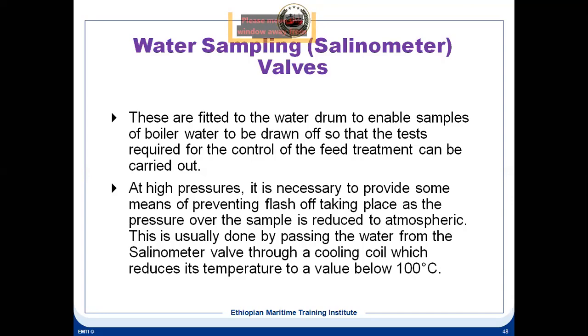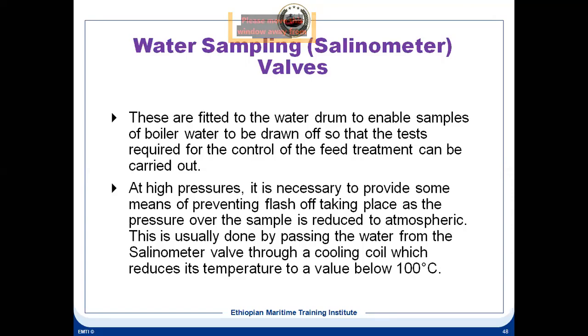Basically, the chloride of the feed water is going up. Since the salinometer is fitted online, it will immediately give off an alarm to alert the ship's staff that something is not right. That means the salinity of the boiler water has gone up over the required level.